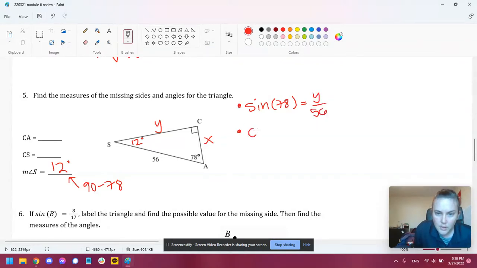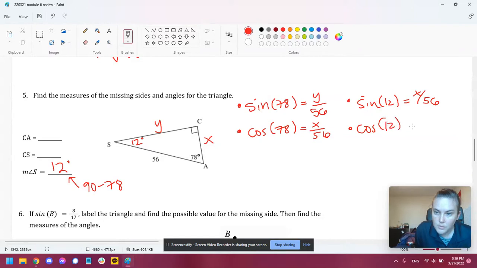The cosine of 78 is X divided by 56. The sine of 12 is X over 56. The cosine of 12 is Y over 56. They're all true, and they're all useful. I don't need all of them, but I do need at least one of them.